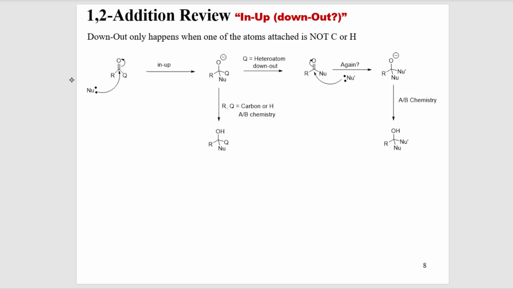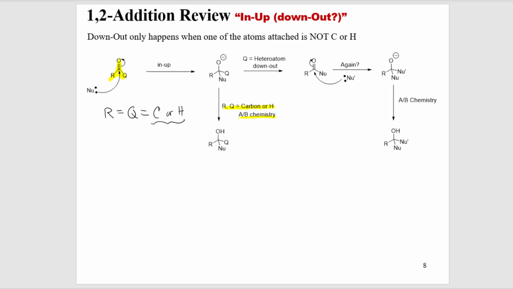Now, the 1,2 additions that we've seen, I want to reiterate the in, up, down, out mechanism of them. We're going to start with a ketone or an aldehyde. That means that both R and Q are a carbon or a hydrogen.